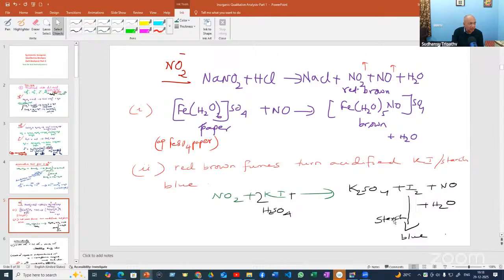Can you tell me which is the complementary color that the starch iodine complex absorbs, so that we get the color blue? Rudra, just think of that color wheel that I have told you. Sir, red and yellow.